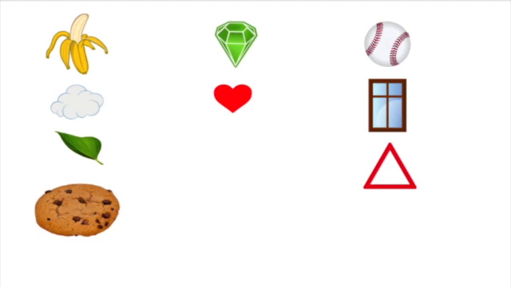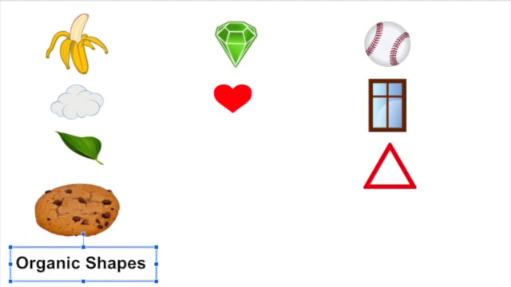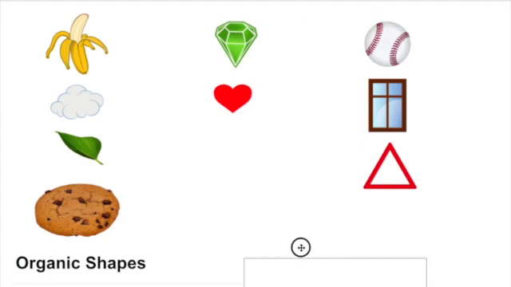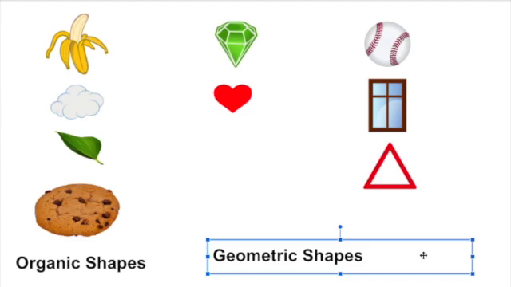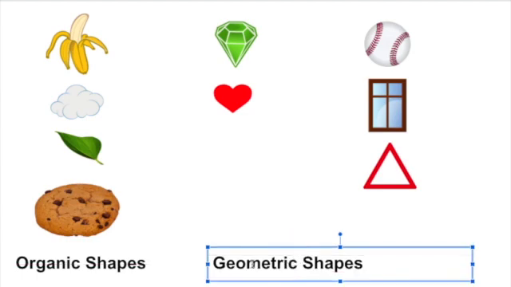And each of these groupings has a unique name. Okay, so the first group over on the left-hand side, we are going to refer to these as our organic shapes. The shapes over on the left, this is actually one big group that is subdivided into two parts. We have our geometric shapes over on this side, and we have our organic shapes over here.